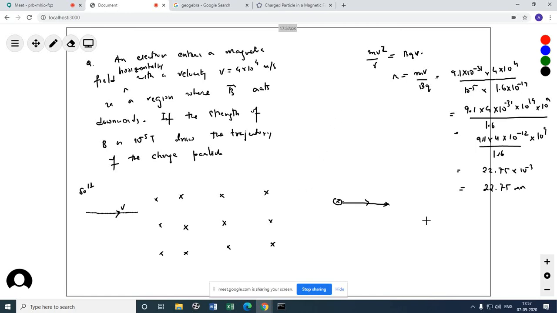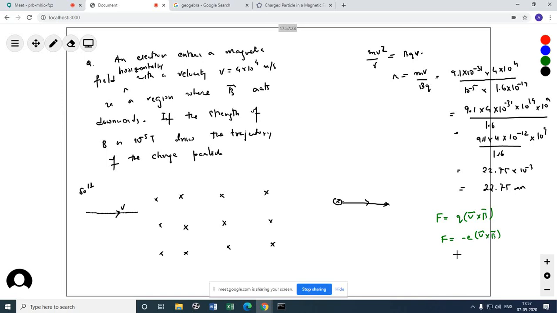I have given the question right, nothing mistaken here. The force would be Q V vector cross B vector. What is Q here? Q is an electron, so it should be minus e V vector cross B vector.